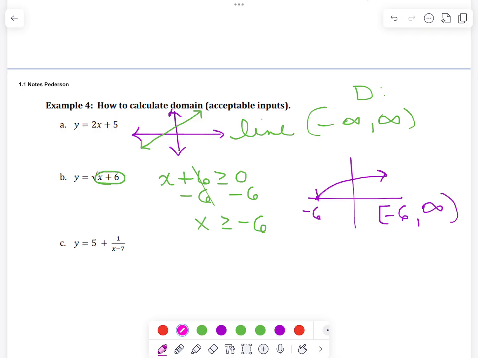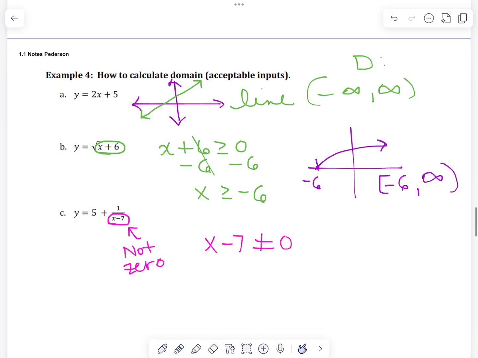The last one is we do not want that denominator to be 0, because that would make it undefined. So we say then x minus 7, we do not want it to be 0. So what we do is we just solve that for x. So we add 7 to both sides.